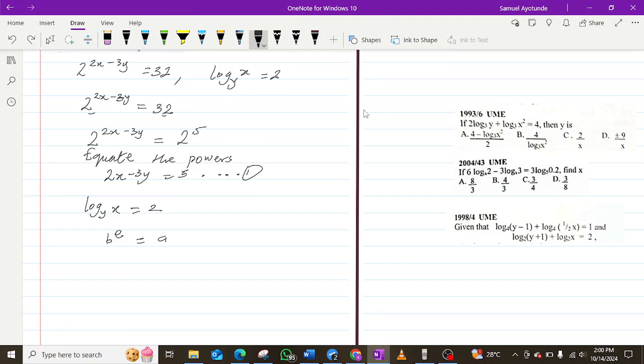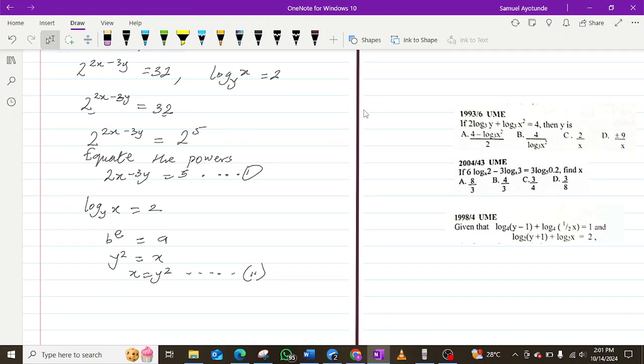So according to what we have here, the base for the logarithm is y. The exponent is 2, and the argument is x. So we then have y to the power of 2 is equal to x. So we have x is equal to y raised to the power 2. So this is equation 2.